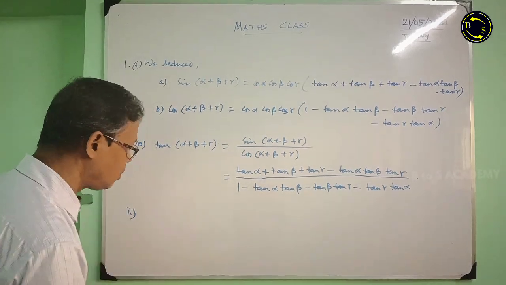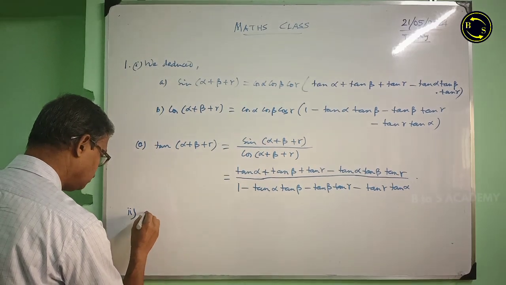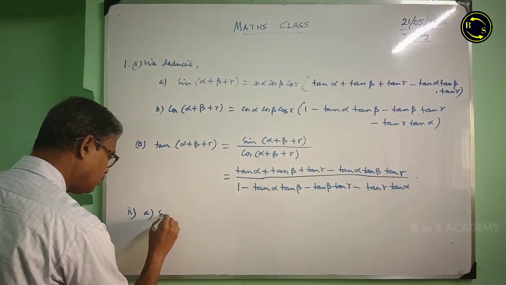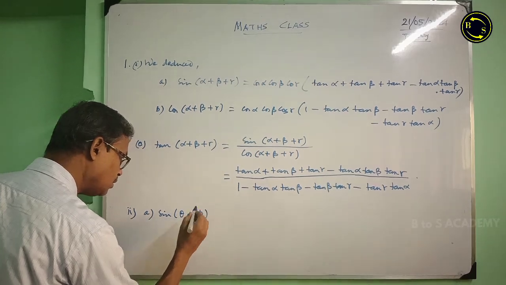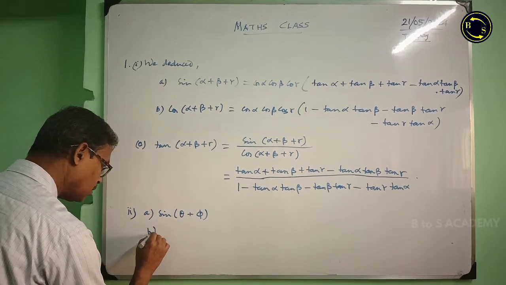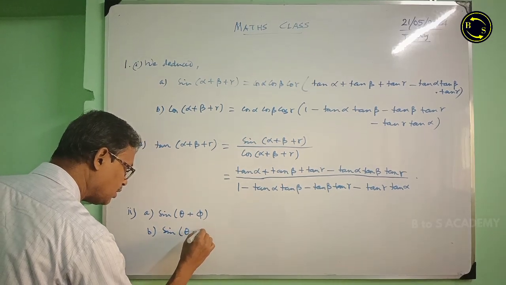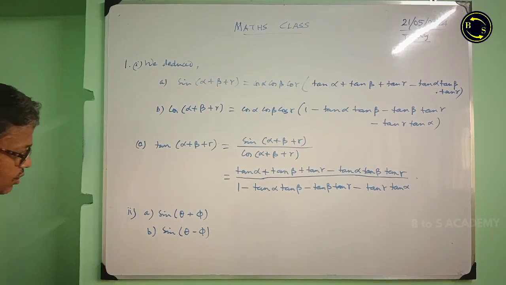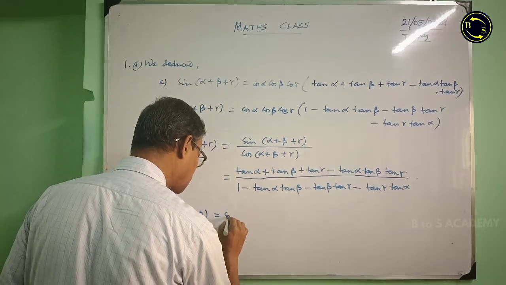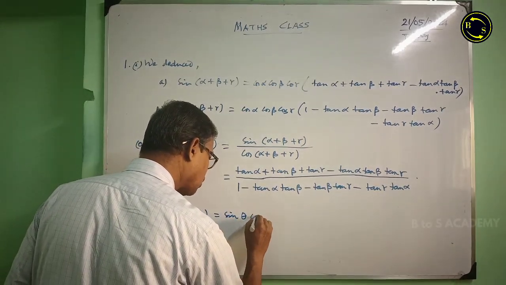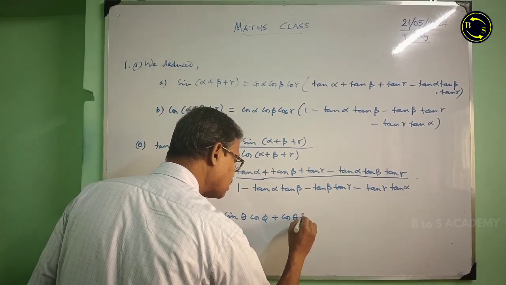First, let us recall the identities for theta plus phi and theta minus phi, means sine of theta plus phi and sine of theta minus phi. This is equal to sine theta cos phi plus cos theta sine phi.